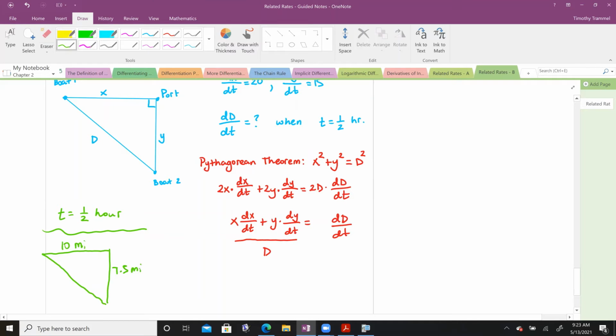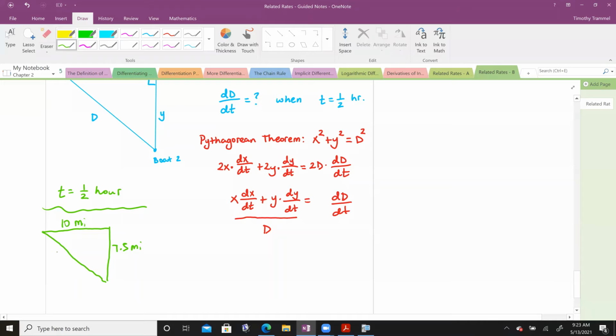And if we wanted to use our Pythagorean theorem here to find d, let's just note that this was x, this was y, and to find d, we just want to do the square root of the two legs squared, 10 squared plus 7.5 squared.